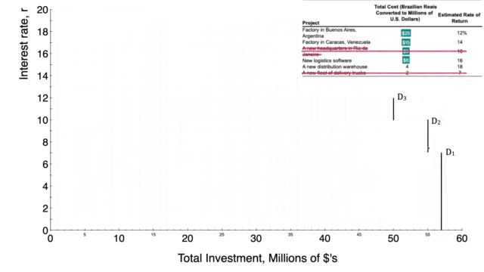It's D1 shifted over by 5 million to account for the fact that that new headquarters in Rio de Janeiro is not going to be taken because the estimated rate of return is less than the interest rate. And it's vertical from 10 to 12%.